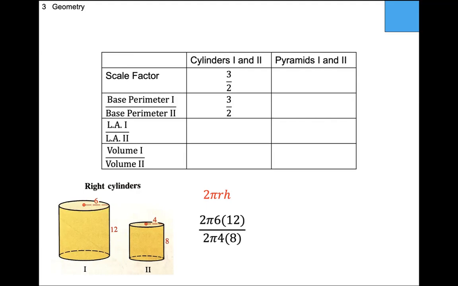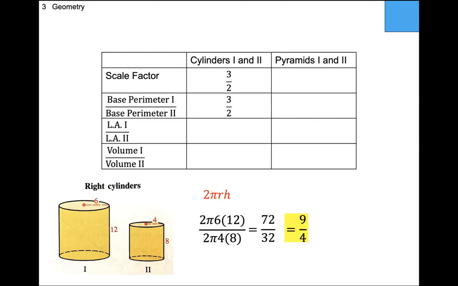The 2's and the pi's cancel. 6 times 12 is 72, and 4 times 8 is 32. We'll reduce that. What goes into both? 8 goes into both. 8 goes into 32 4 times, and 8 goes into 72 9 times.